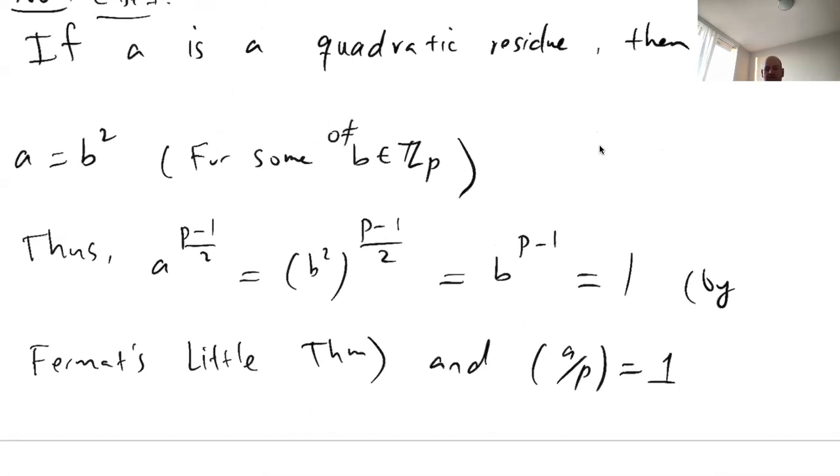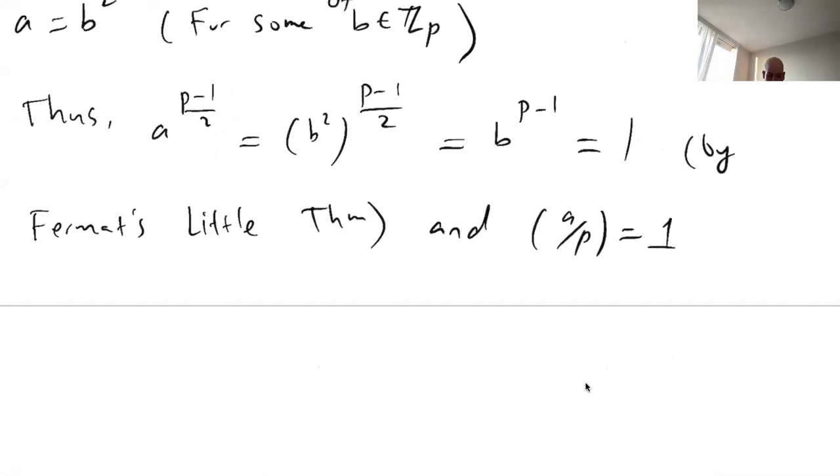What about A over P? A over P will also be 1. Why? Because again, by definition of Legendre symbol, so we said that this symbol is called Legendre symbol. By definition of Legendre symbol, A over P is equal to 1 if A is a quadratic residue. And in case 1, I'm assuming A is a quadratic residue.